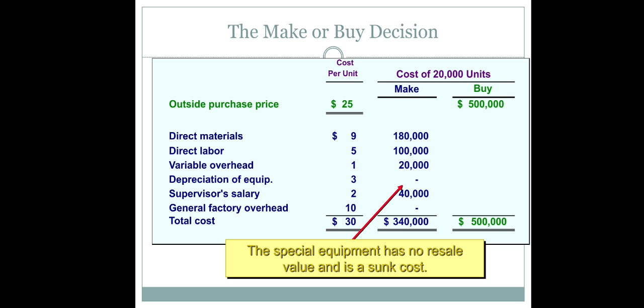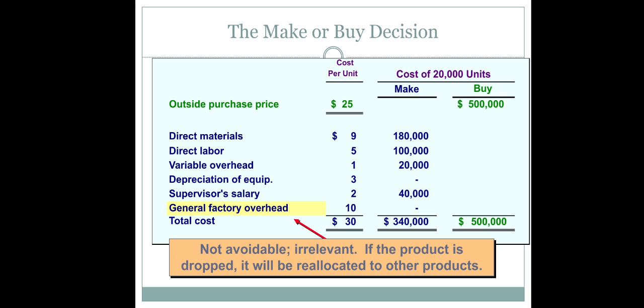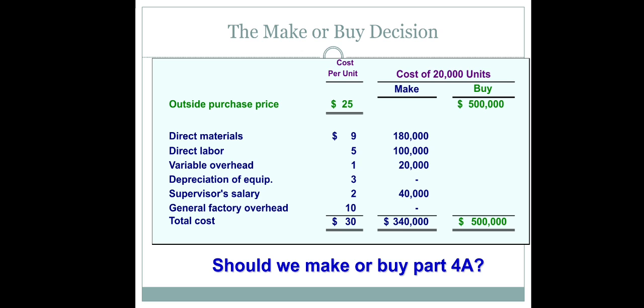Now you can compare the total cost. The question is, what do you think? Should the company make or buy part 4A?